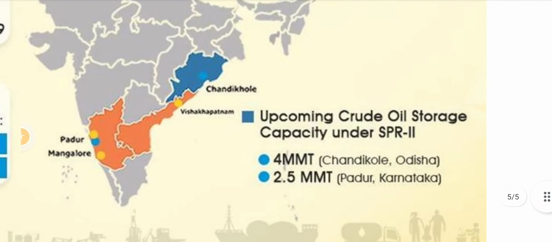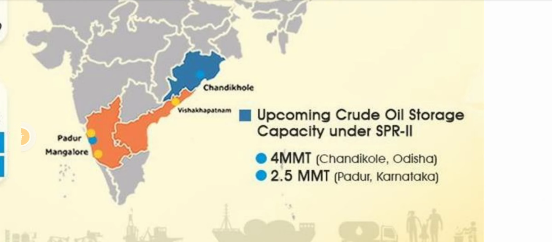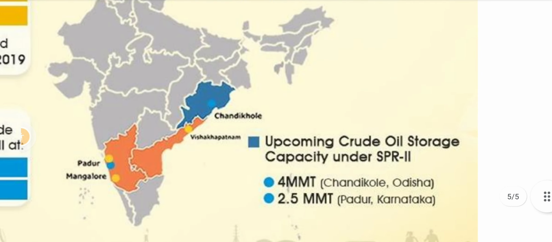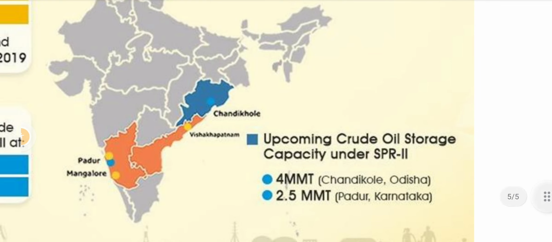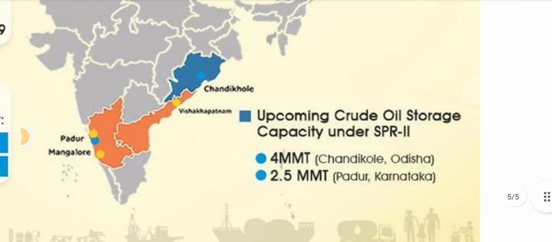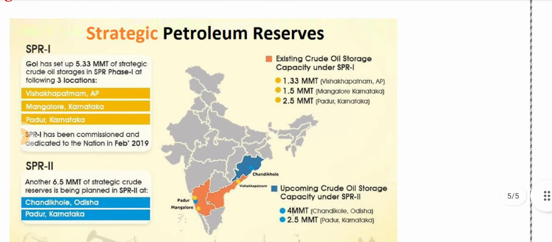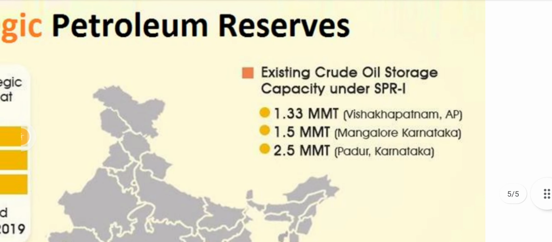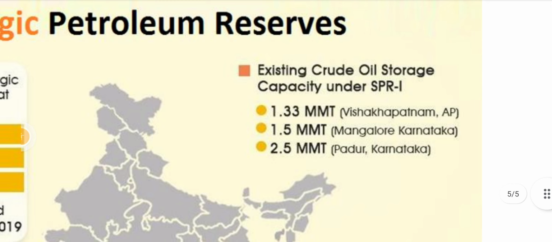Upcoming crude oil storage capacity under strategic petroleum reserves second is 4 MMT at Chandikhola, Odisha and 2.5 MMT at Padur, Karnataka. Existing crude oil storage capacity under strategic petroleum reserves first is 1.33 MMT at Visakhapatnam, AP, 1.5 MMT at Mangalore, Karnataka and 2.5 MMT at Padur, Karnataka.